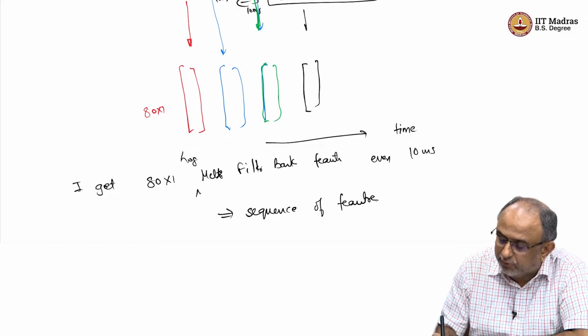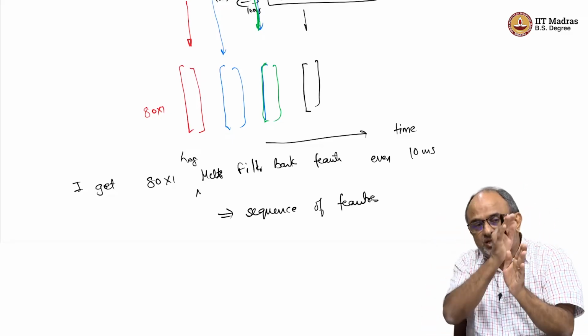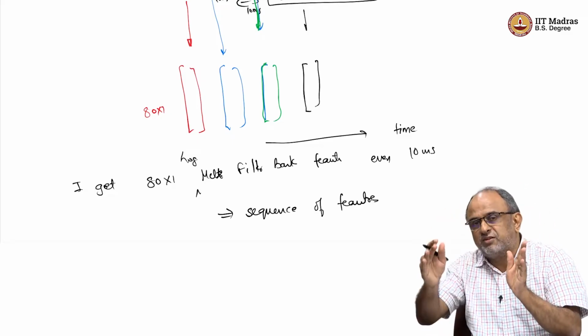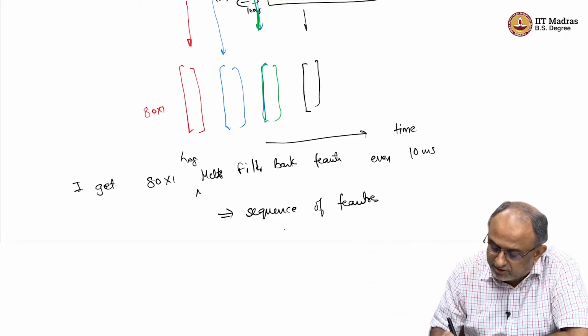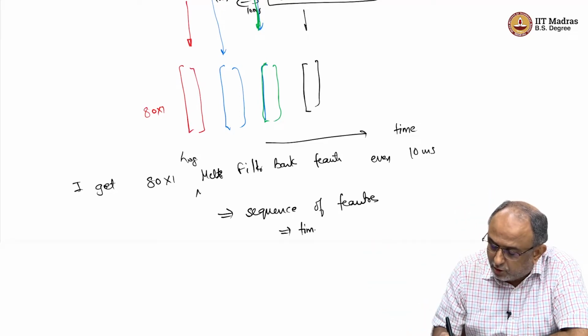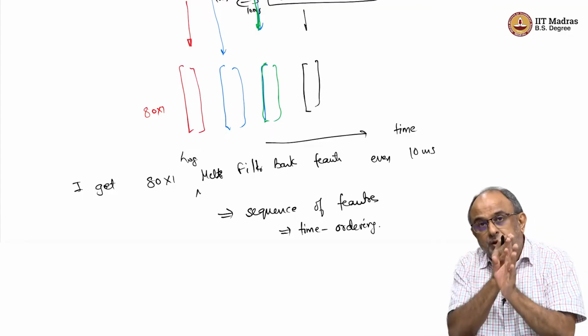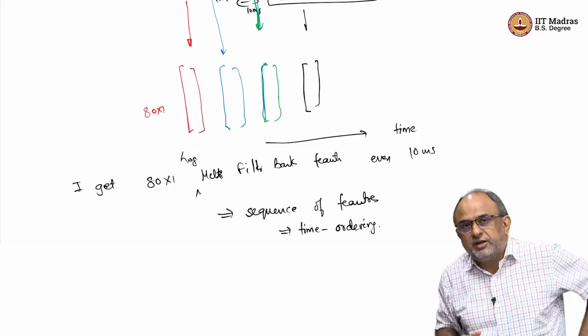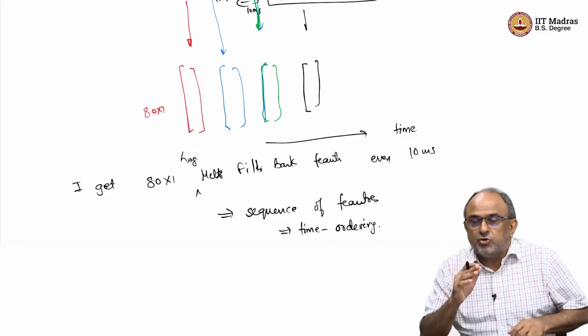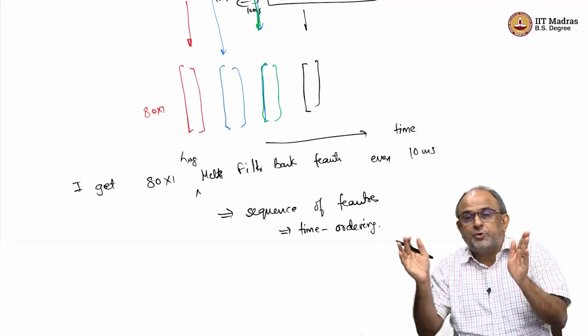We get one after the other, and there is a relationship: first this came, then this came, then this came. There is a time ordering, right. The order in which these features appear is important. Each is capturing some information, and the order in which the sounds are produced is very important.